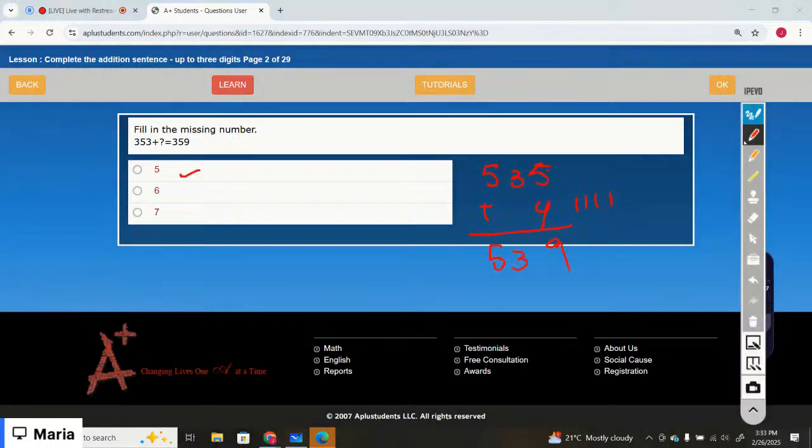353 plus missing number equals 359. Start with the first one. 353 plus 5. 5, 6, 7, 8. So that isn't the correct option, right? Check with the second one. 353 plus 6.